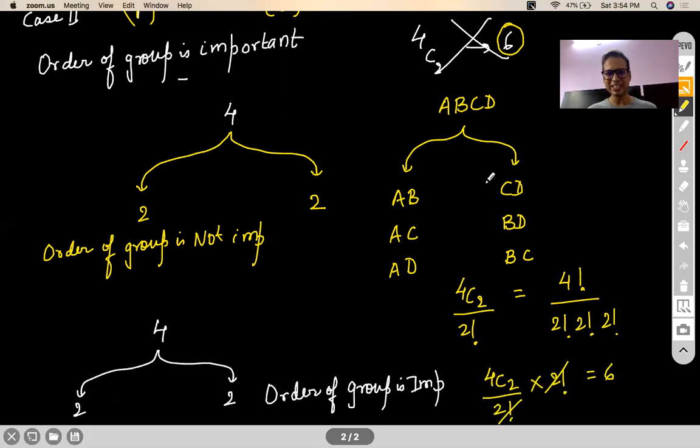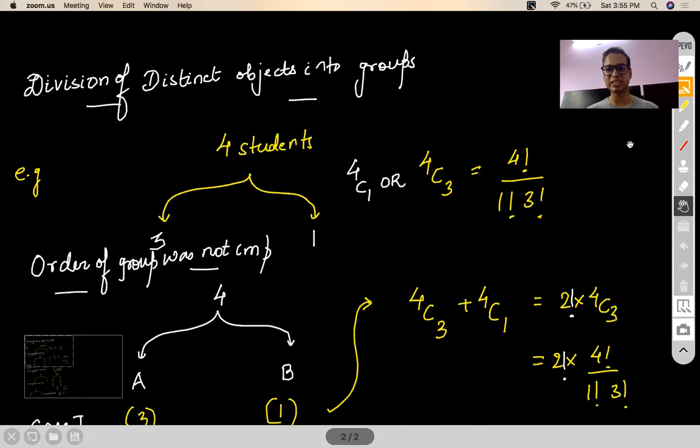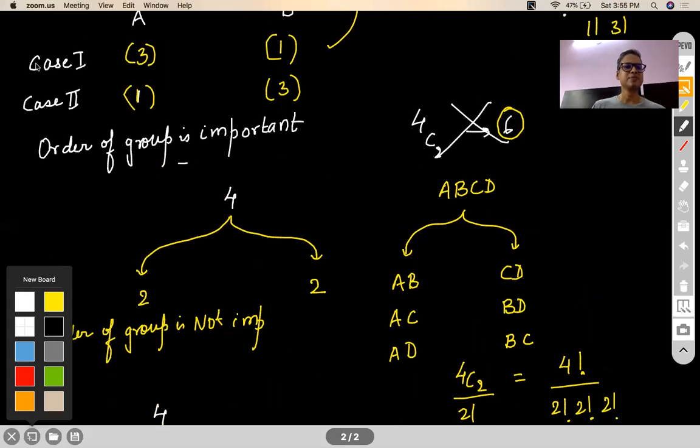So from these four cases, what did we learn? We learned something which is very, very interesting, and a lot of questions are based on this. So I would like to take a generalization of this concept. All of you, please listen to this very carefully, because this is going to be the make or break point between your understanding and doing well in these topics and the other students.